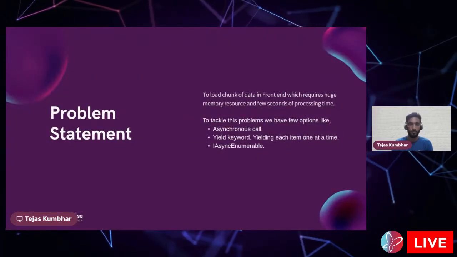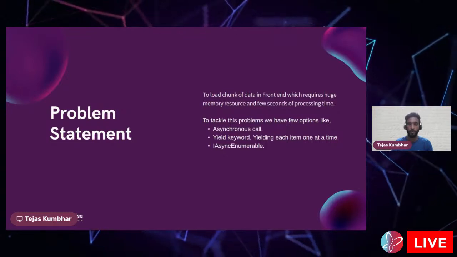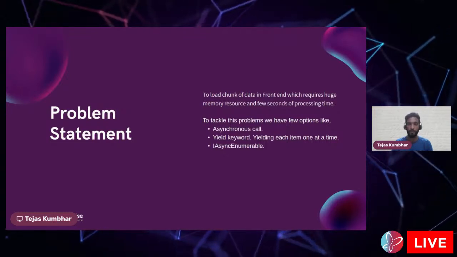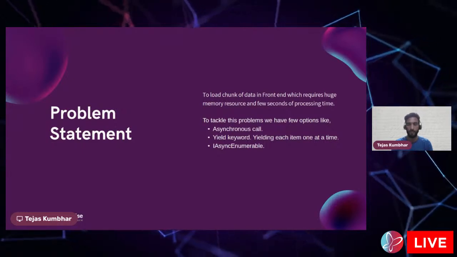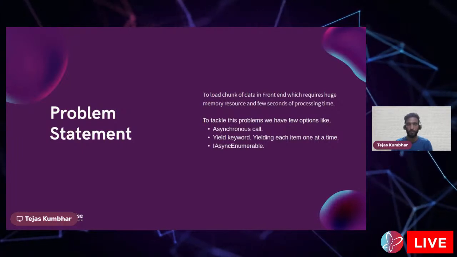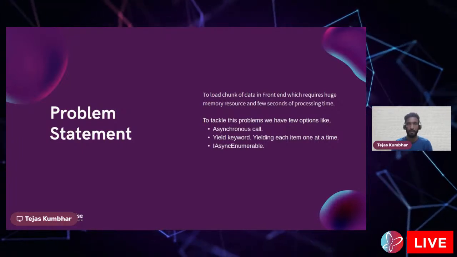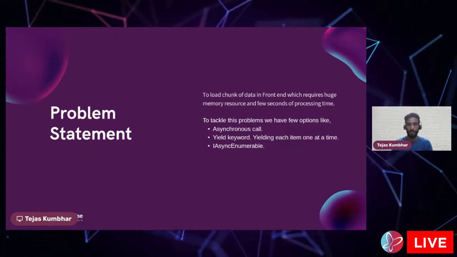Let's focus on a given problem statement where in the front end you need to load a chunk of data which requires high processing time and also involves high memory use. To tackle this problem, we have a few options, like an asynchronous call, where you can have multiple requests to the backend and each request will be processed independently.